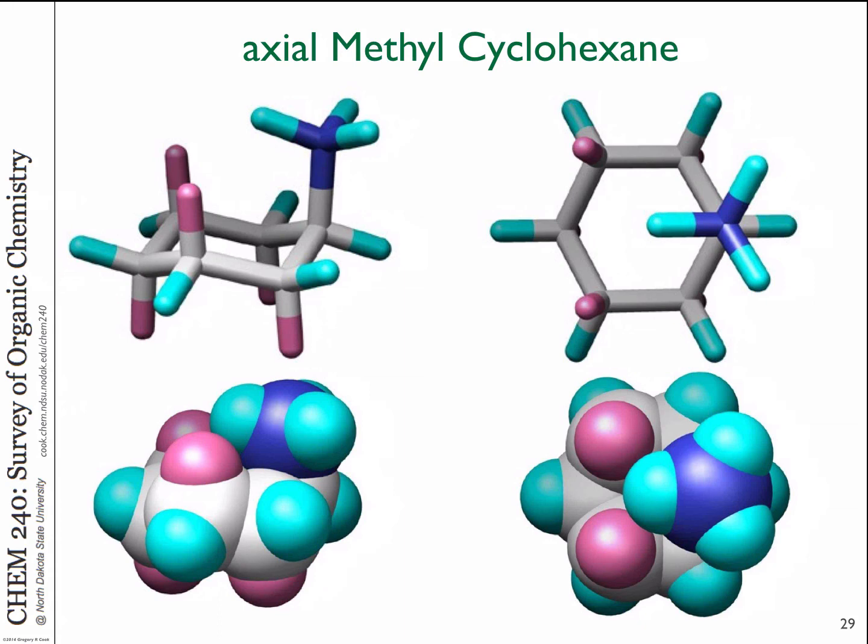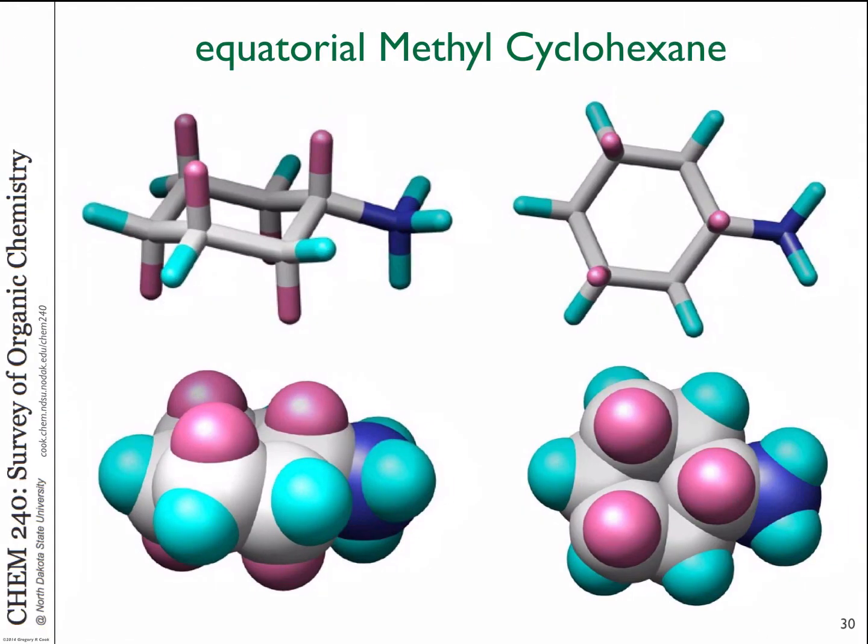We refer to that as a 1,3 diaxial interaction because they're spaced 3 carbons apart. Okay, and then the other ring flip, notice the methyl group is oriented out in the equatorial position, how much more space it has and how much less crowded it is. So hopefully this gives you a good idea about why one would be lower in energy or more stable than the other.